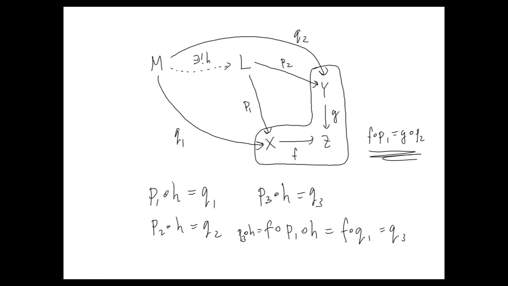Okay, now our task is to compute what the limit of such a diagram is in the category of sets. So we have two arbitrary sets, X and Y, and the third one, Z, and two functions, f and g. What should we take as L? What should we make L equal to, so that we get this universal property, that there will be a unique H from any other cone into this one?